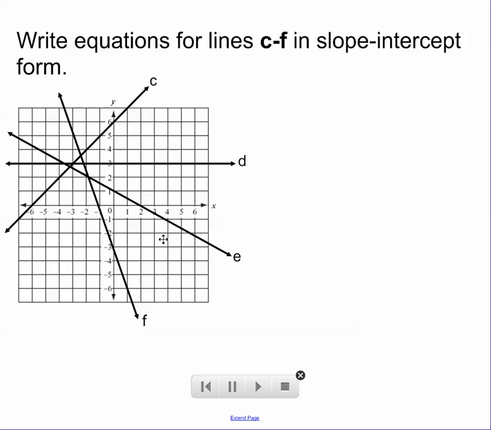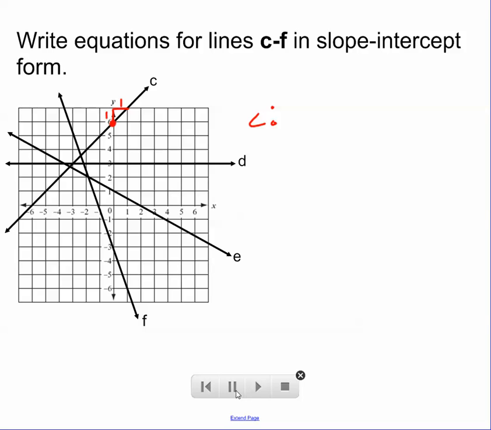So let's write equations for lines C through F in slope-intercept form. So we're given some lines, and we're going to write equations of those lines. So what about line C here? We need to know two things. We need to know the slope and the y-intercept. Well, for line C, we can first of all tell that the slope is 1 over 1. 1 over 1 is just 1.